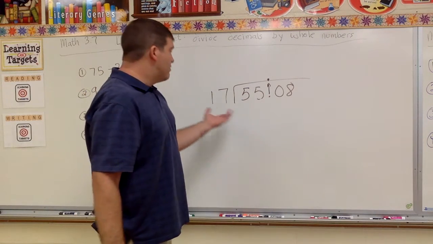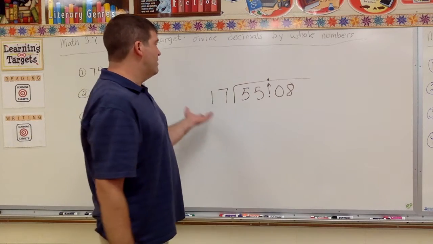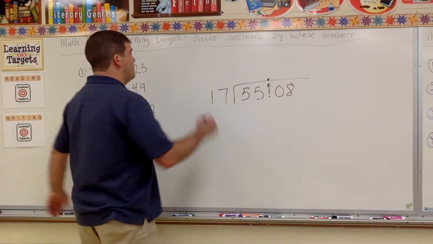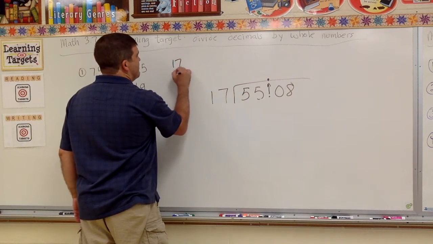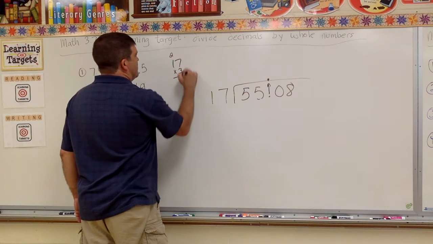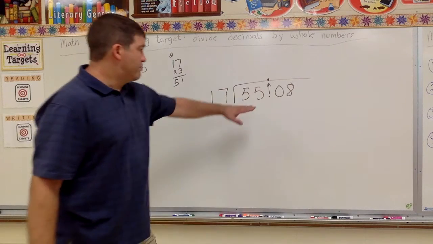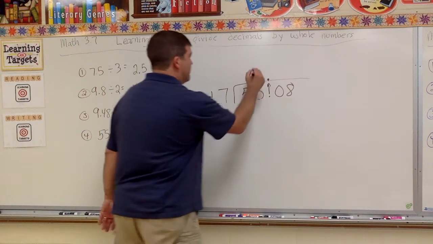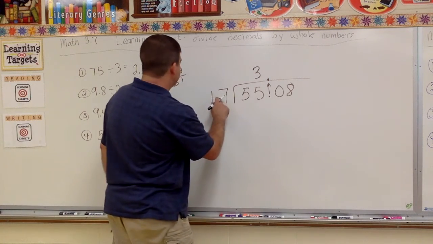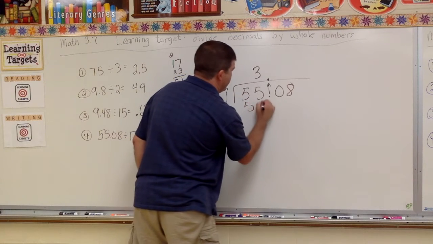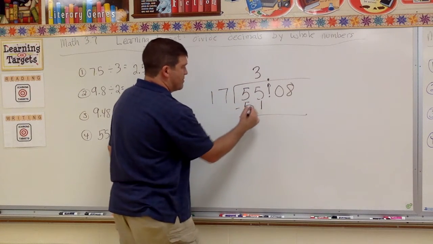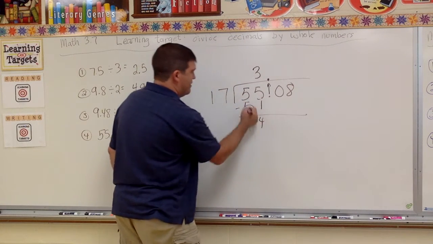2 would be 34. 3 would be, I don't know, let me try 3. 17 times 3, that's 51. That's pretty darn close. So I'm going to go with 3. 3 times 17, 51. Subtract that out. 5 minus 1 is 4. Those are even.